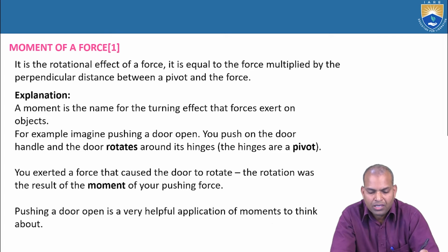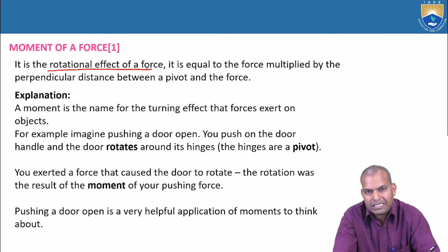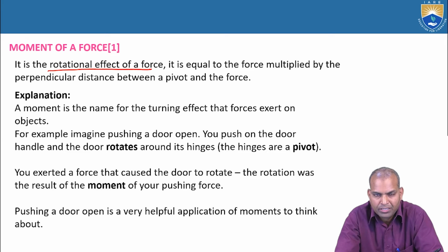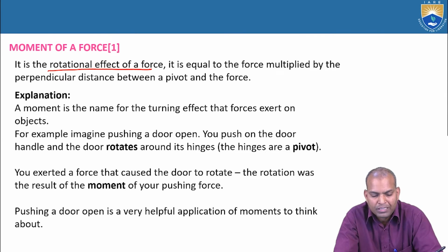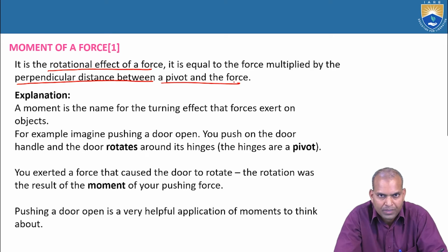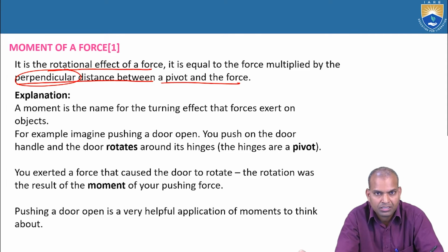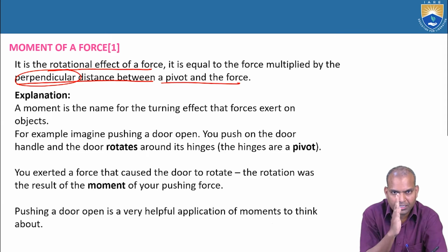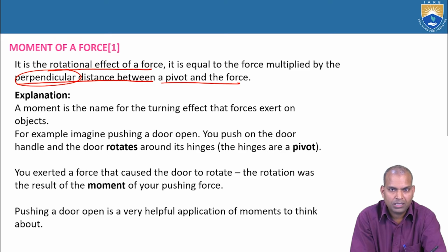Further understanding the moment: what is the moment? It is the rotational effect of your force. Mathematically, moment equals the force multiplied by the perpendicular distance between the pivot and the force. It should be the perpendicular distance, not some inclination, neither acute nor obtuse, but the exact normal distance that causes the rotational movement.